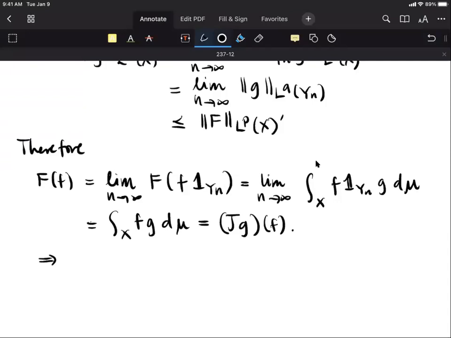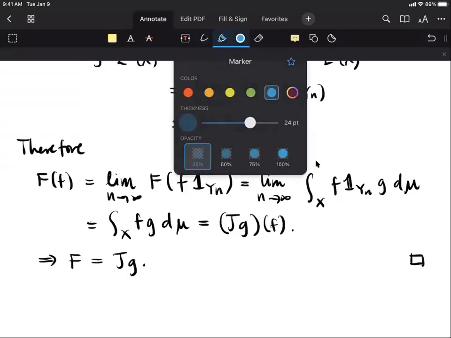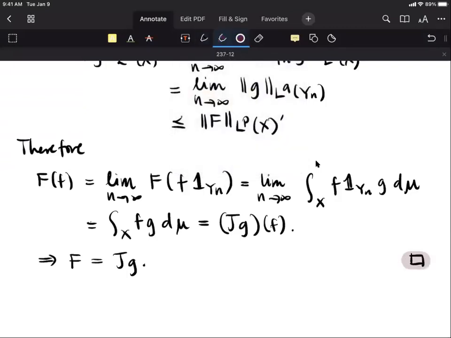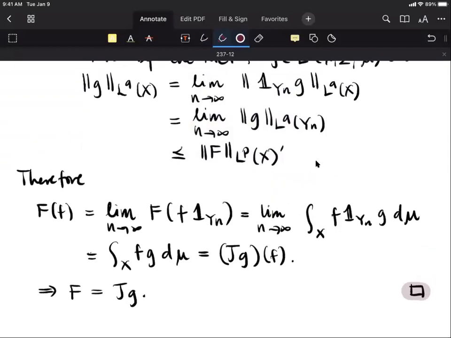And therefore, F is the same as J of G. This proves the surjectivity of J in the sigma finite case.